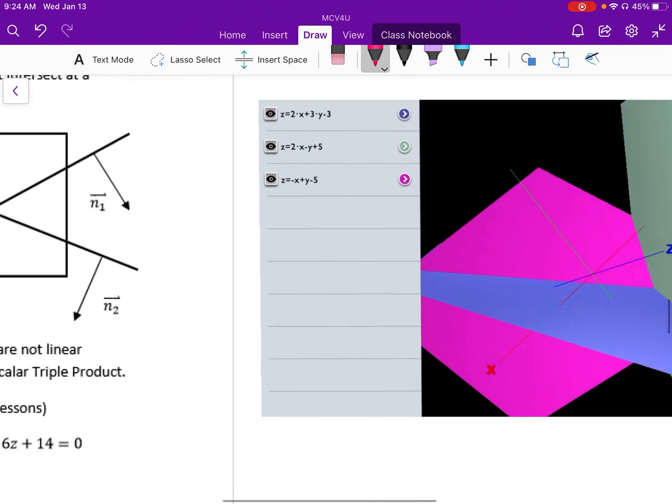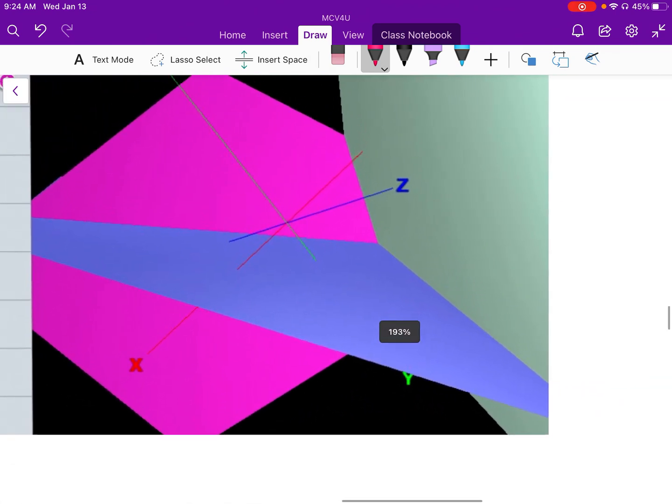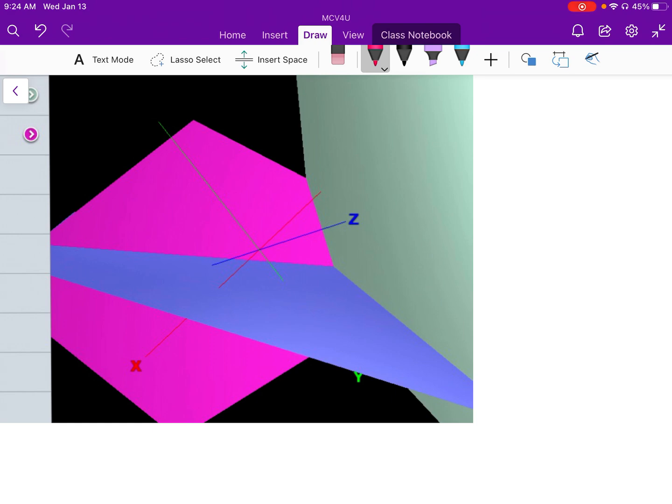Here's the example. With these 3 planes, let's say we have plane 1 and plane 2. I know that one's a little bit harder to see, but between plane 1 and plane 2, you see that there is this line of intersection. That line of intersection intersects with plane 3 at a unique point.